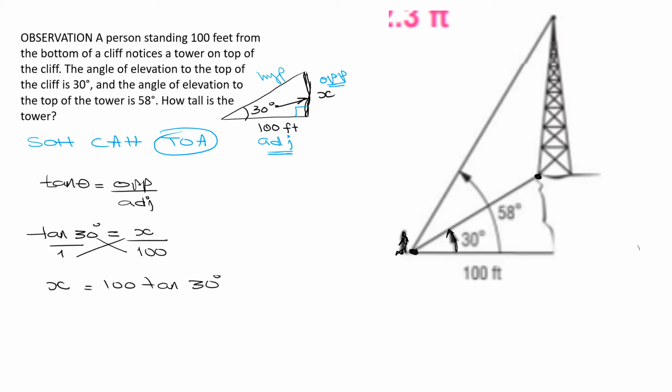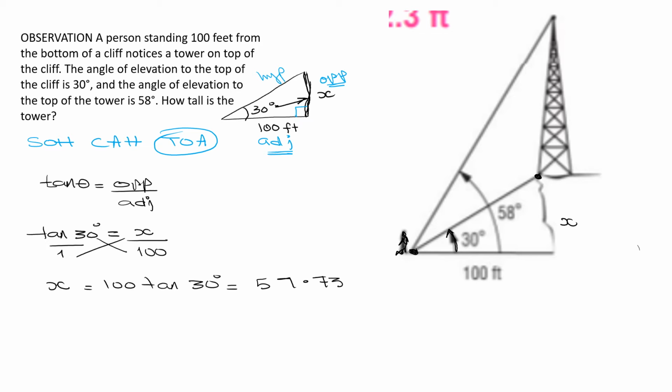So write in the calculator please: 100 tangent 30. Make sure that the calculators are in degree mode. So here we will get 57.73. So the distance between the man and the cliff is 57.73 feet. So this is the side which is given by x.